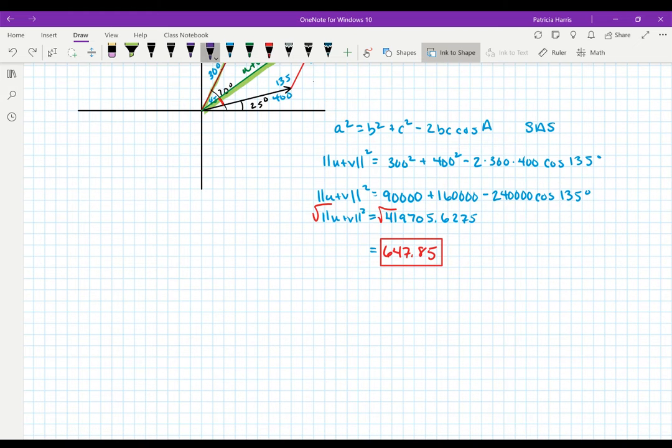So we're going to use law of sines to find the angle in our triangle, which is right here.